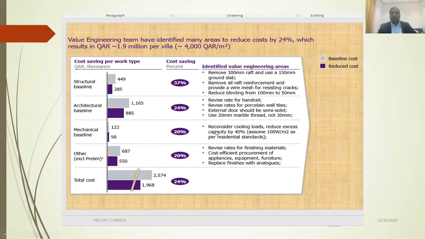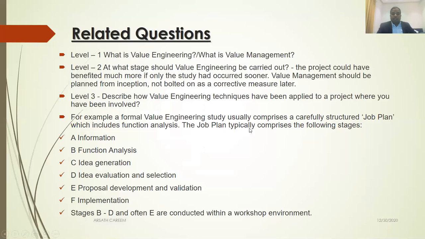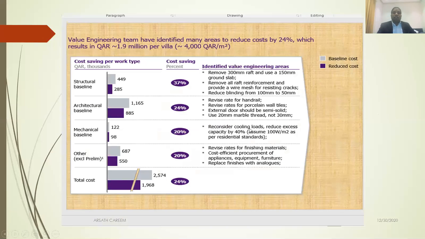Also for mechanical, we reconsider cooling loads and excess capacity. Also for other items, revised rates for finishing material, cost efficient procurement of appliances, equipment, furniture, and replacing finishes with analogs. After generating these ideas, we did an evaluation of how much we can save on each item.